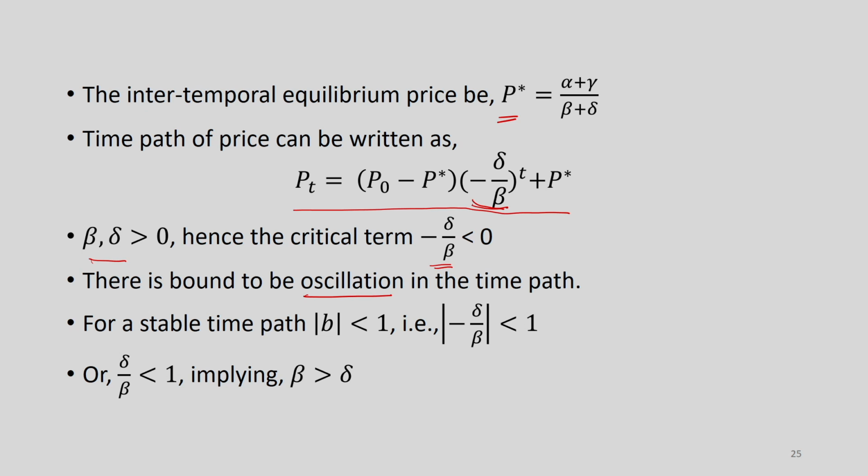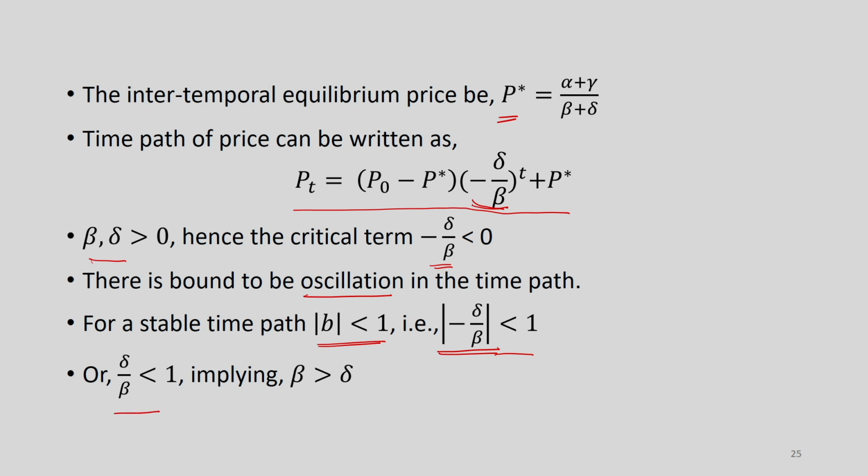So, that is number one. Number two, stability. When do we have stability? We have stability if modulus of b is less than 1, which means this has to be satisfied. Modulus of minus delta by beta should be less than 1, and we know this can be written as delta by beta less than 1.